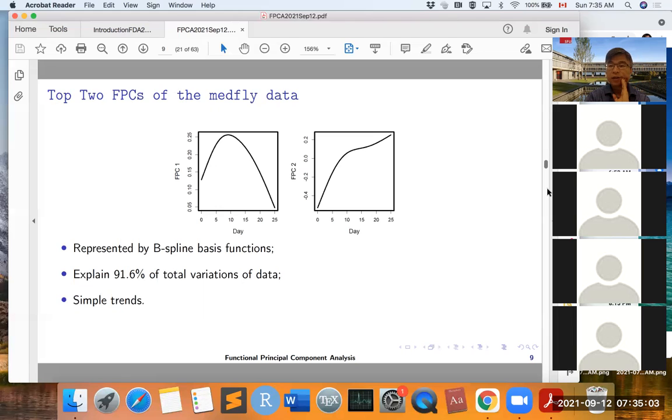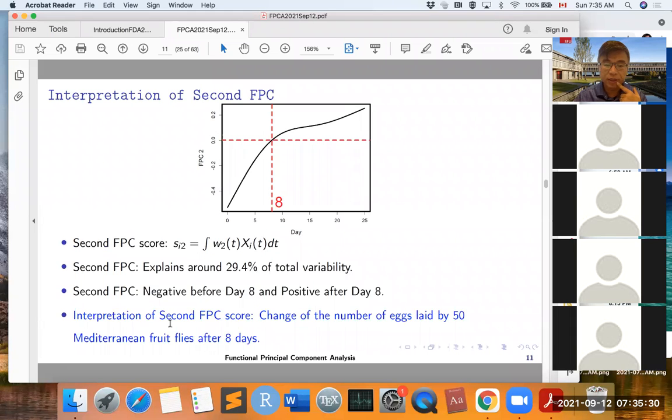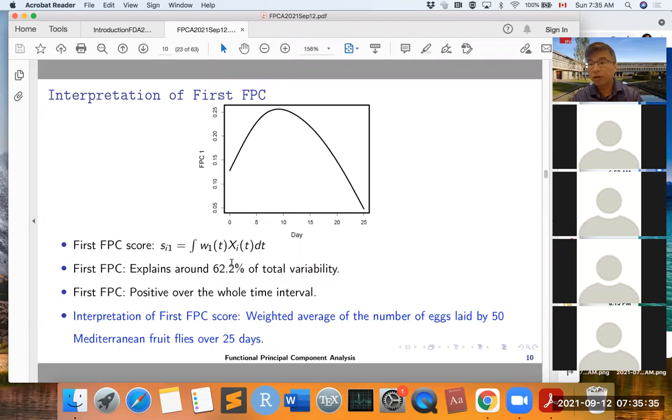Okay. Yes, this is a very good question. Very good idea. I will see. For the first LPC, I think Xiaoyang mentioned a very good point. Before, I interpreted the first LPC as the weighted average of the curve, because this is the integral of xit.